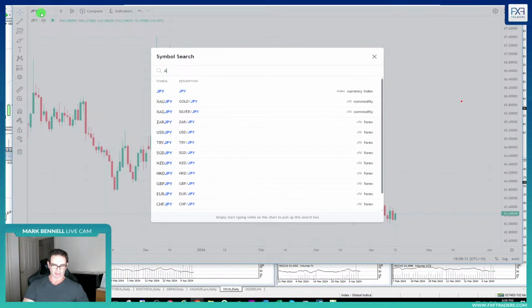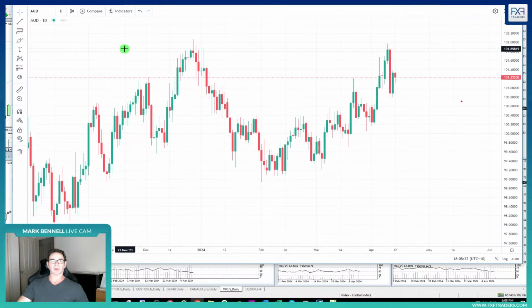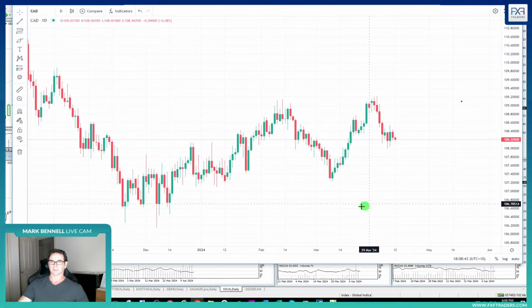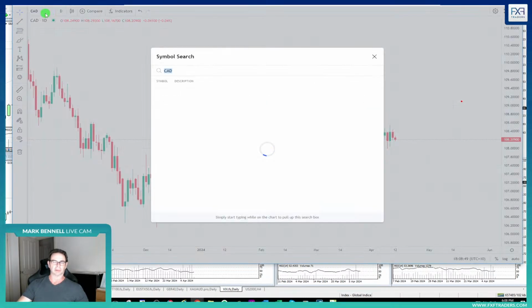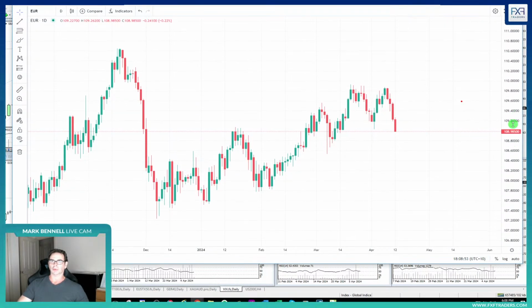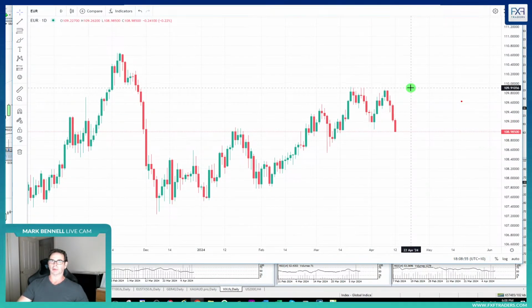Let's have a look at a couple of others. Aussie dollar, we've got a little bit of short momentum. That looks like the anchor right there. CAD, okay, we've got a double top here, daily anchor here, so we're trying to push for a downtrend. The euro, contrary to what the euro dollar is saying. Thanks, Dave.